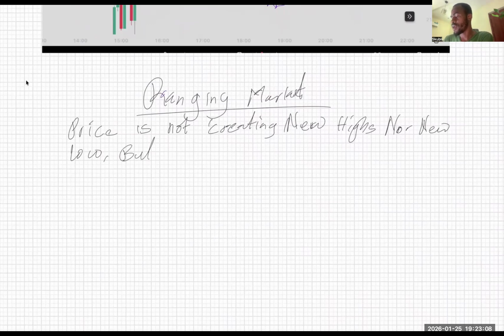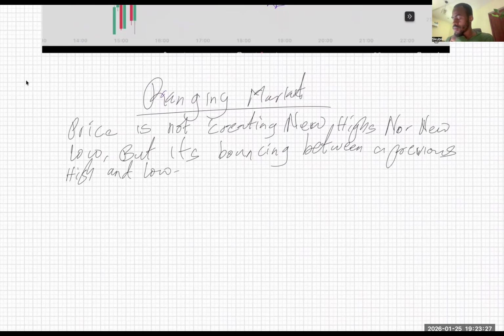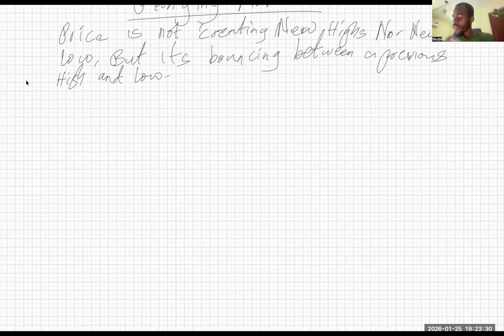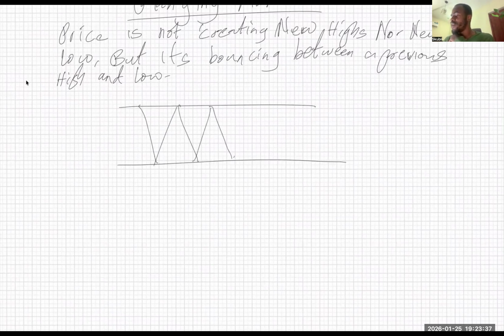But it's bouncing between a previous high and low. So what I mean by this is we have a high and then a low where price is bouncing in between. So price is not really exiting it. And some people say this is a market condition where price is moving sideways.